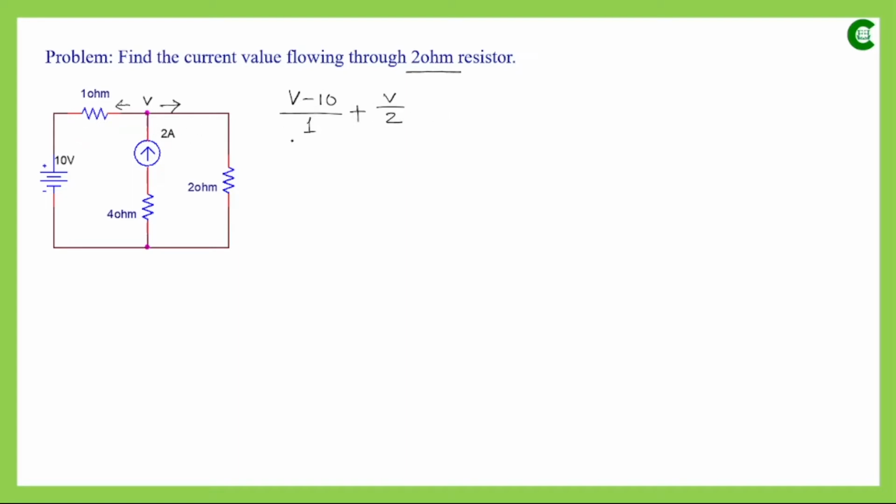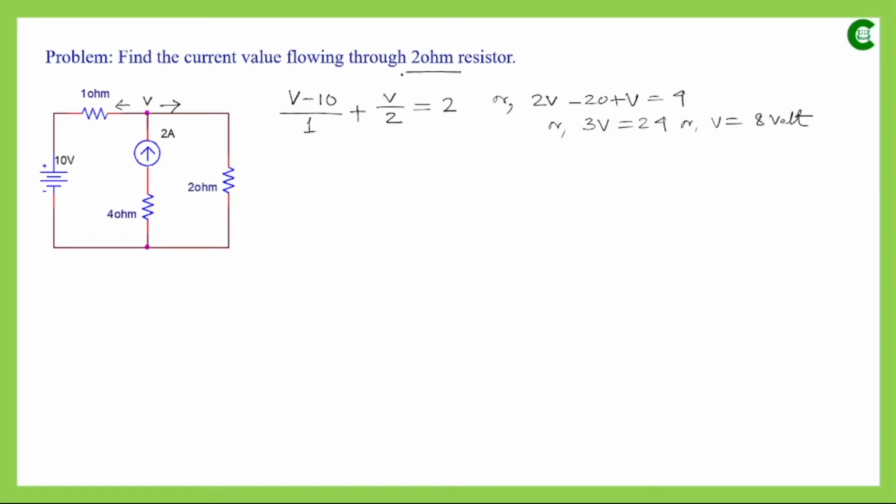So the summation of these two outgoing currents equals the incoming current 2. If we simplify this, it will be 2V minus 20 plus V, equal to 4. So 3V will be equal to 24, or V will be 24 divided by 3, so it will be 8 volt.